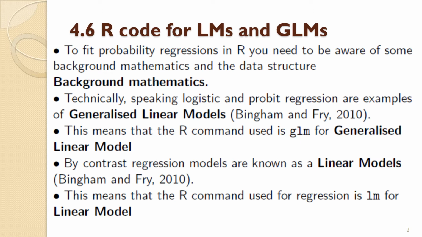In contrast, standard regression models are known as linear models, which is why the basic R command for regression is LM for linear model. Okay, so the maths is slightly harder, and so you have a slightly different R command to reflect that.